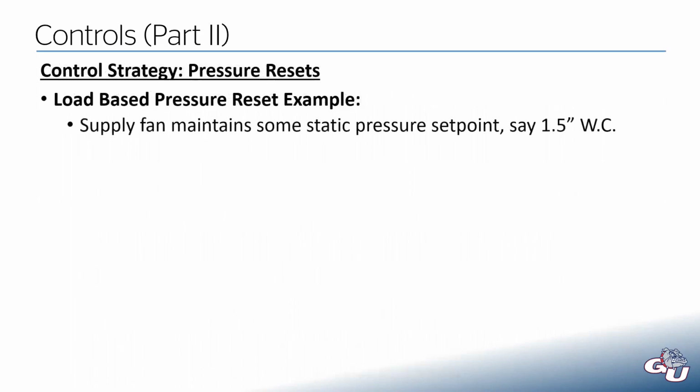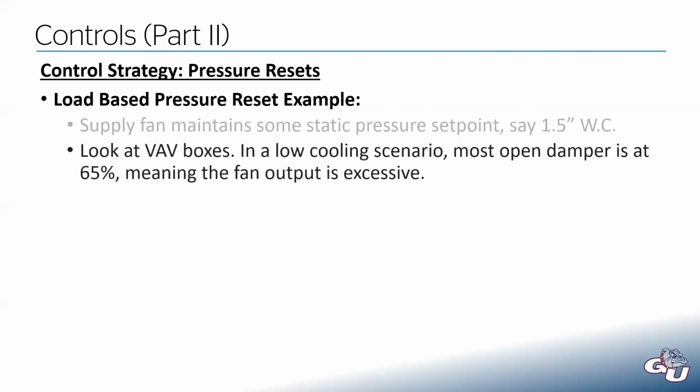So let's say we have a supply fan maintaining some static pressure set point. 1.5 inches water column is a pretty reasonable set point that we might see. So that's the pressure set point in the duct they're trying to maintain at all times by changing the fan speed. So we look at the boxes.